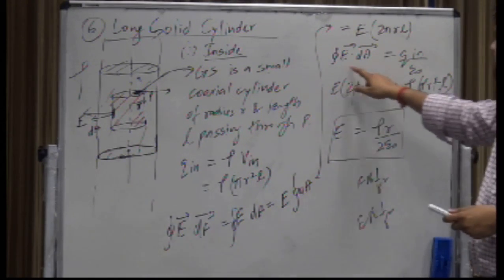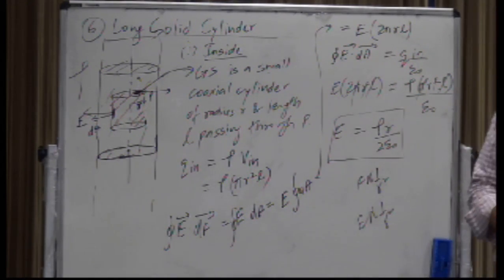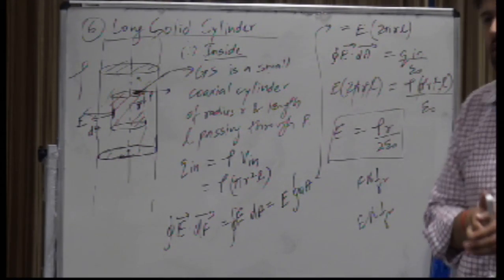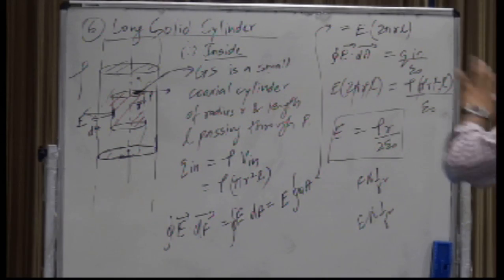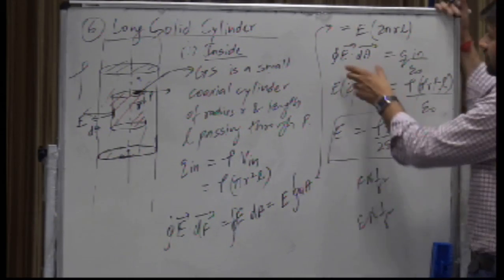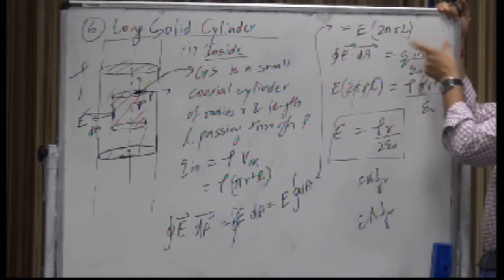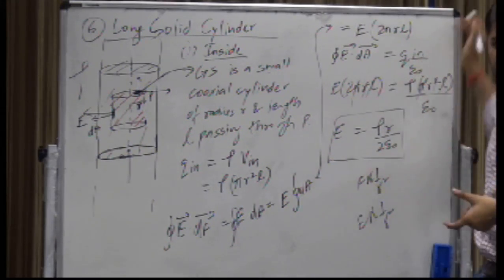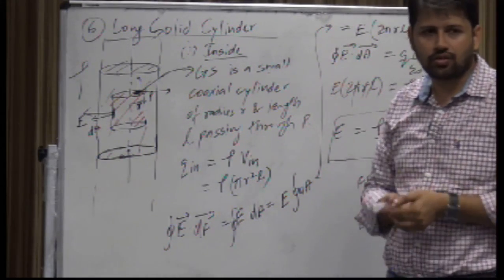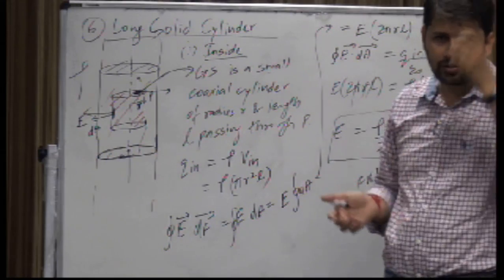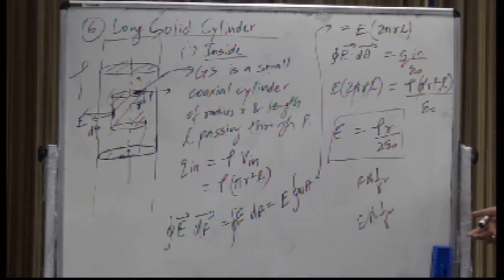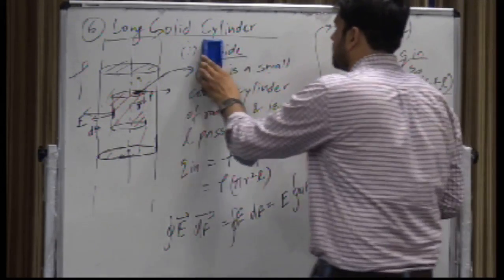If E is not following inverse square law, LHS would be a distance dependent quantity, and this would be a distance independent quantity. Violation would be there, so you won't be able to apply Gauss law, right? Can we continue? For the outside point, right?